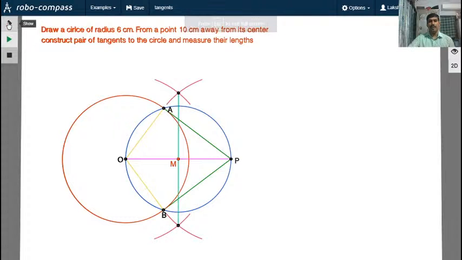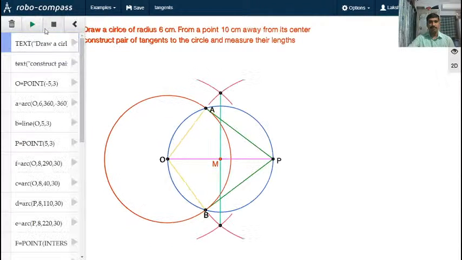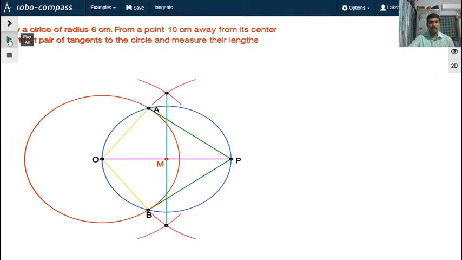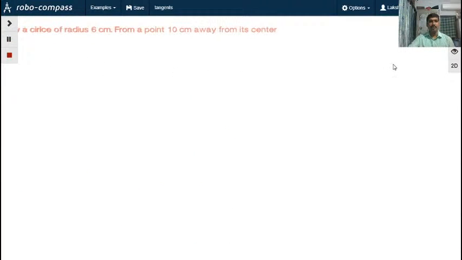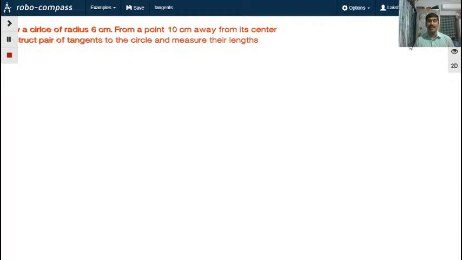This is the question: draw a circle of radius 6 cm from a point 10 cm away from its center. Now we have to construct a pair of tangents to the circle and measure their lengths.